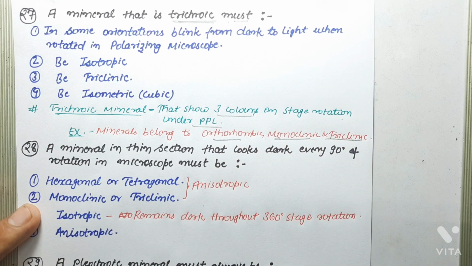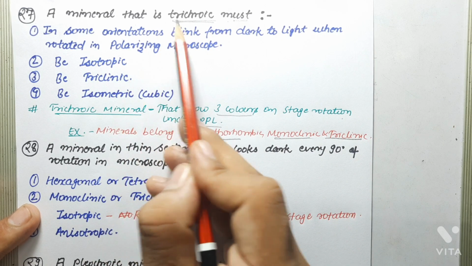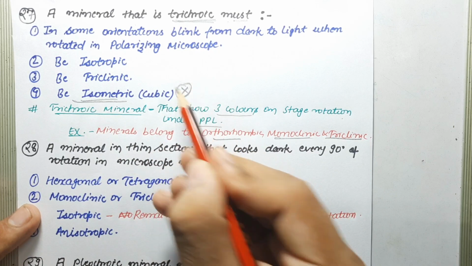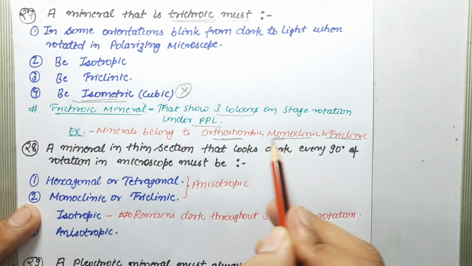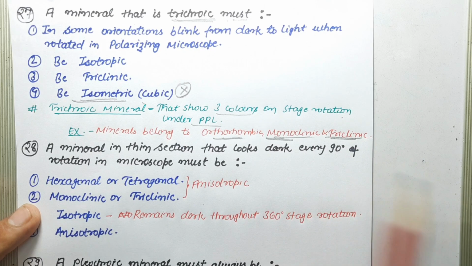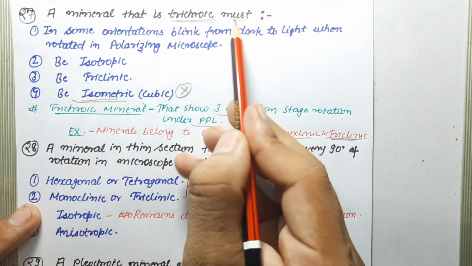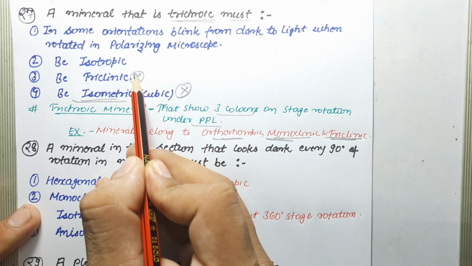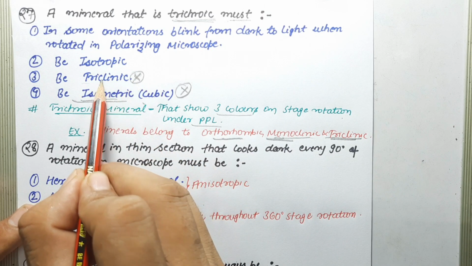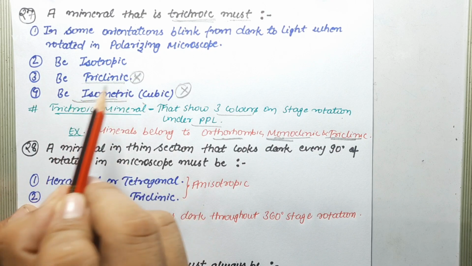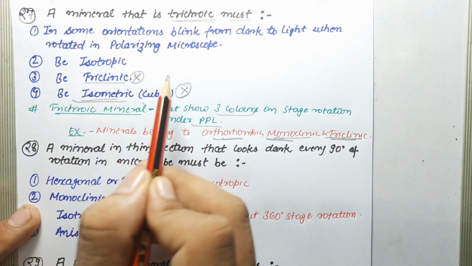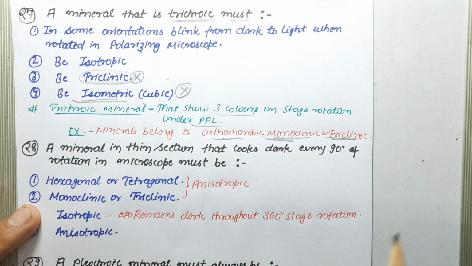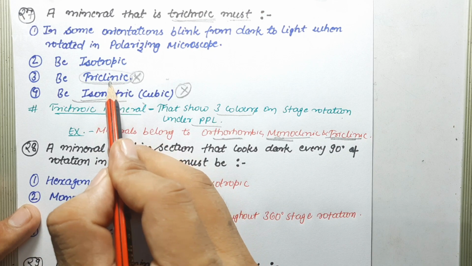crystal systems are trichroic in nature. Now, a mineral that is trichroic must. So the first one is be isometric or cubic, no, because a trichroic mineral should be orthorhombic or monoclinic or triclinic. Be triclinic. Now, this is also an incorrect statement, or you can say an incomplete statement. If this option had triclinic, orthorhombic and monoclinic, then this would be the correct answer. But this option only contains triclinic, and trichroic minerals are not restricted to the triclinic crystal system, so this is also incorrect.